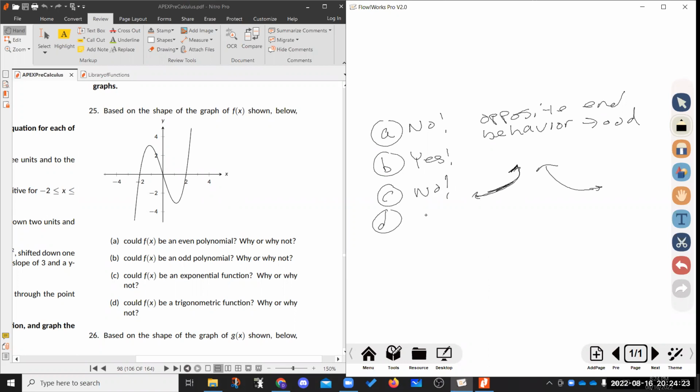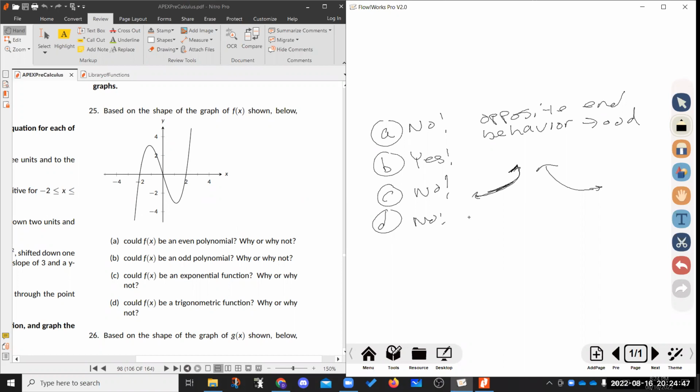Theoretically, it could be, though it doesn't appear to be, because it doesn't appear to be cyclical. I'm going to say no, because it looks like this is going up forever and this is going down forever. It doesn't appear that they're showing multiple cycles that are staying at the same height. This is going higher than the highest point here. This is going lower than the lowest point there.